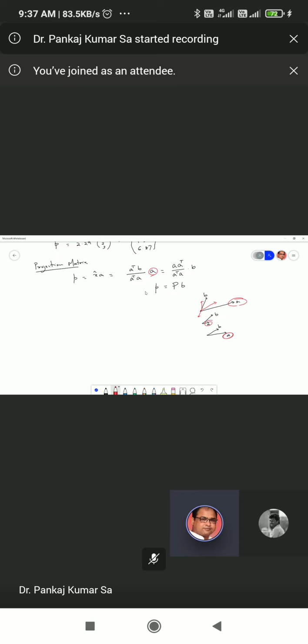And this is what the projection matrix is. P is equal to A A transpose upon A transpose A. The denominator is a scalar quantity. A A transpose is column times row. This gives you a matrix.